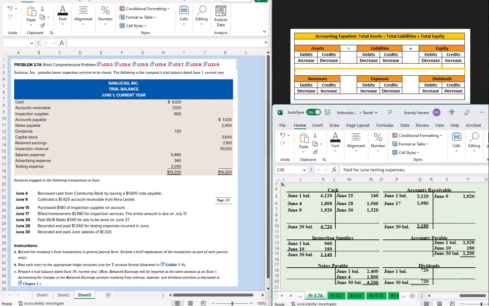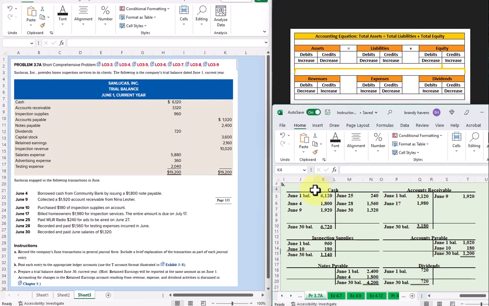Okay, so basically a general ledger is nothing but a list of all of the accounts within the chart of accounts, and this is where we are going to show our balances, and we are going to post each of the transactions that we record so that we can always calculate a running balance, okay? Now, in the real world, this would all be done electronically, but in textbook world, we use T accounts to represent the general ledger accounts, okay?